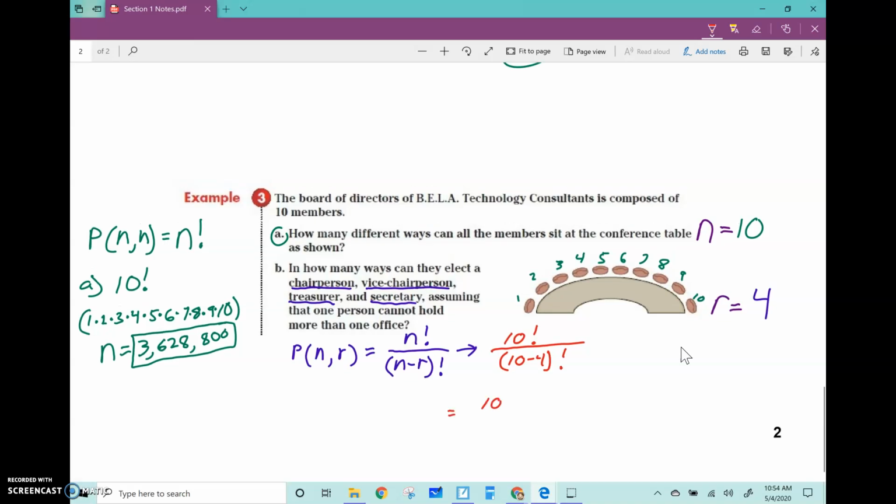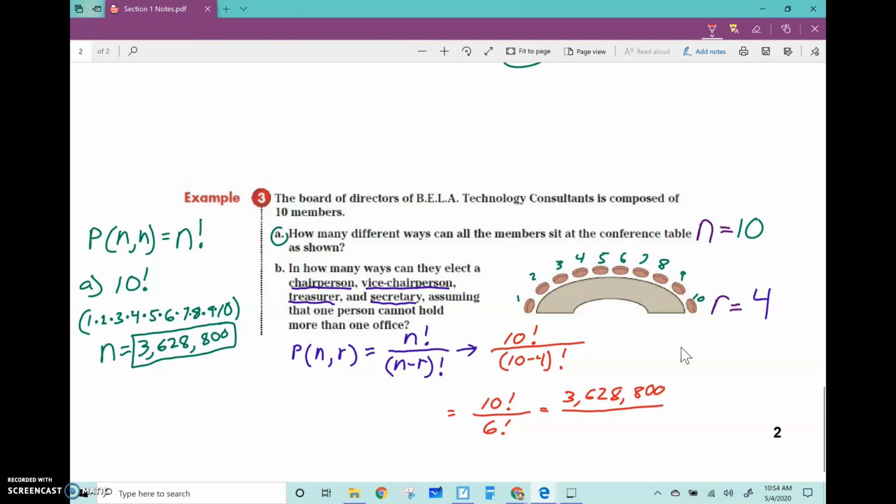10 factorial is going to change eventually, but we have to solve what's in the parentheses first. So I've got 10 factorial over 6 factorial, because 10 minus 4 is 6. So we already know that 10 factorial is 3,628,800.